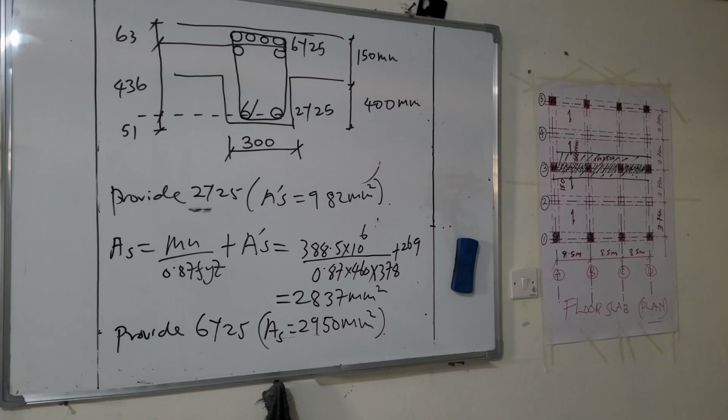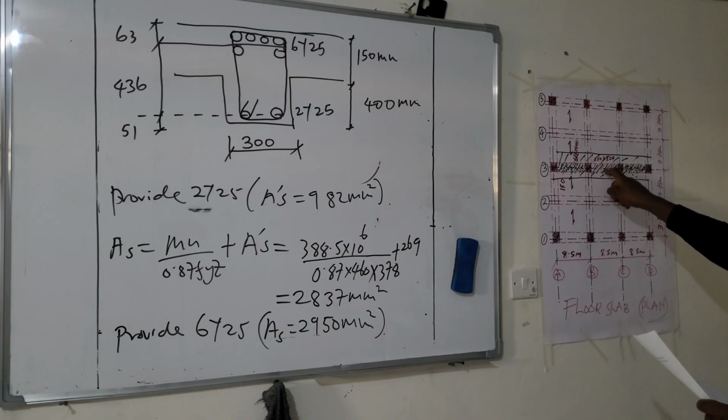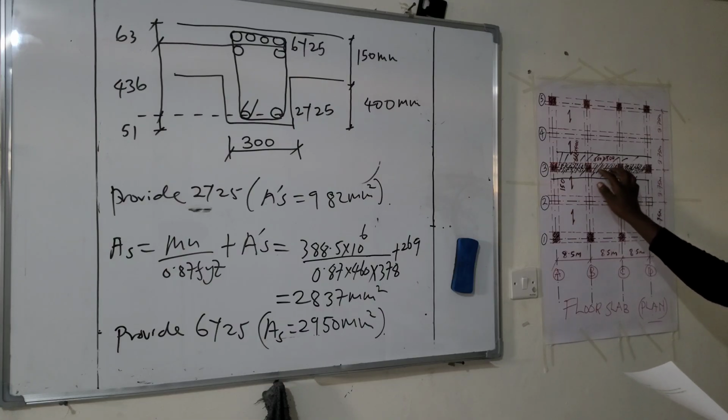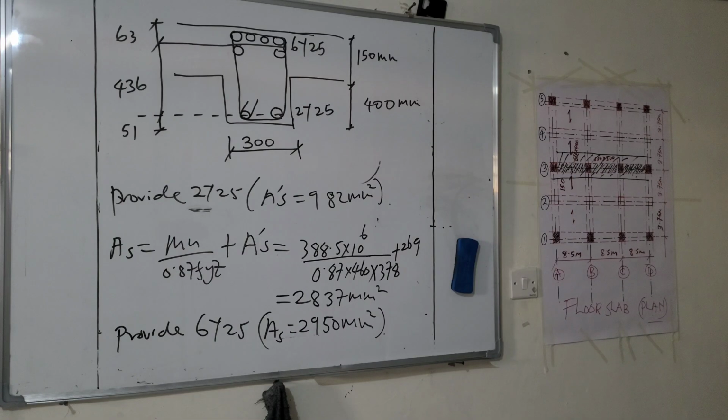Now we are at this juncture, at this point. Now we proceed to the final one, which is middle of 3BC. So 3BC, this part, or the interior span.